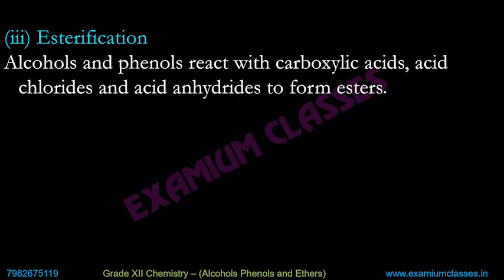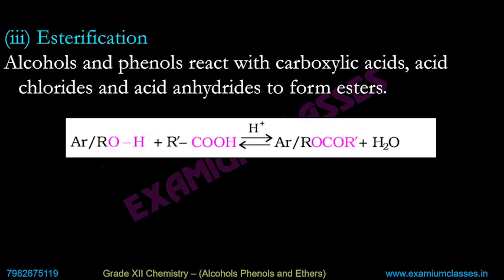Next is esterification, meaning formation of esters, a very important conversion. Aryl or alkyl alcohols, when reacted with carboxylic acids, give esters. In place of acid, you can use acid anhydride also.